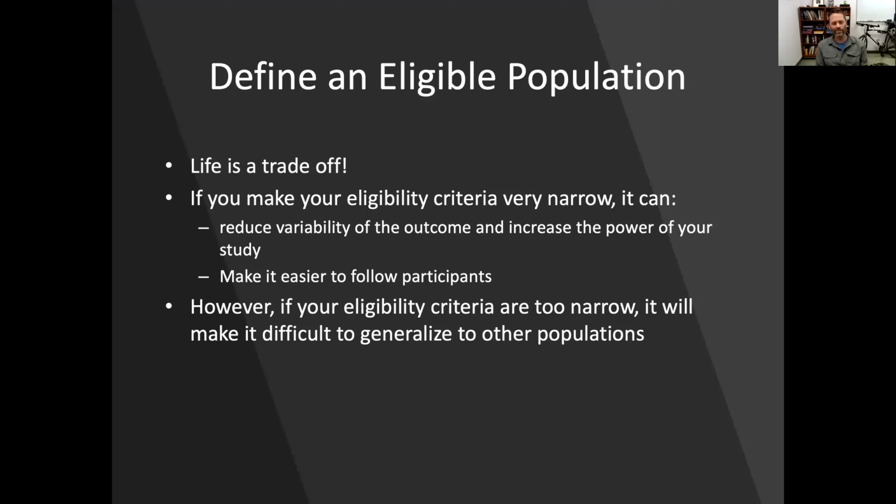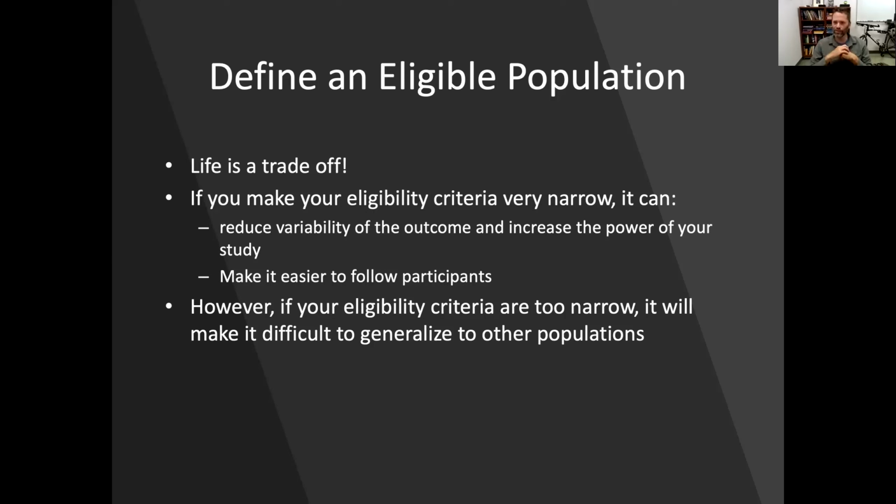I designed a trial one time that was going to be so much fun, and we never even submitted it because of interpersonal difficulties between a bunch of big babies. But we had incredibly narrow eligibility criteria where we were going to take men and women between the age of like 25 and 35 who had a BMI in a really, really small range.